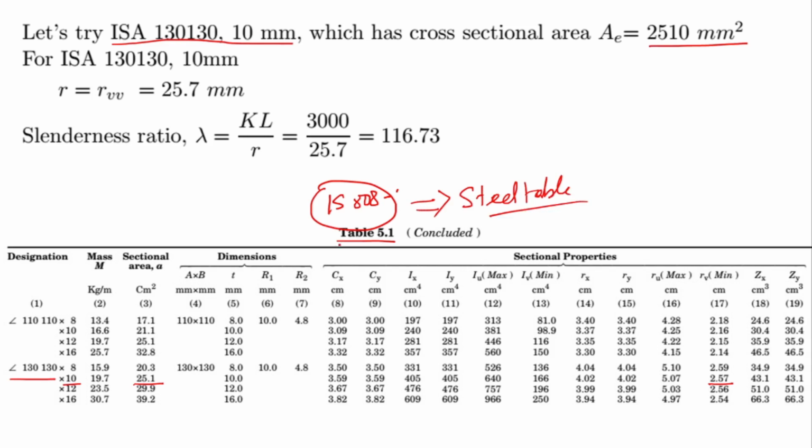Now slenderness ratio lambda is equal to KL by R, meaning effective length, which is 3000, divided by least radius of gyration 25.7. So it is calculated as 116.73.